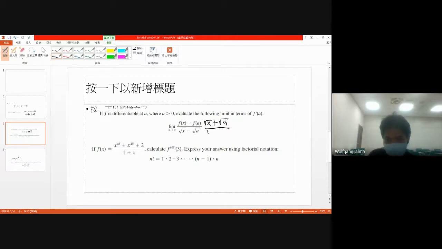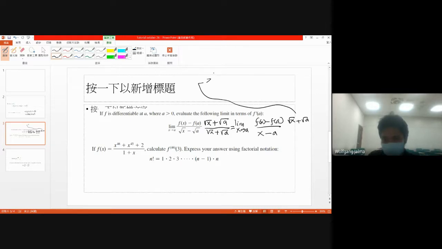So it is equal to the limit as x approaches a of f(x) minus f(a) over x minus a, times the square root of x plus the square root of a. So I continue here.